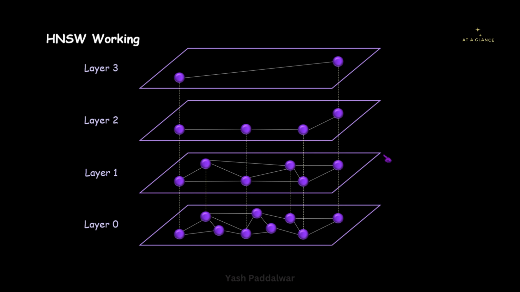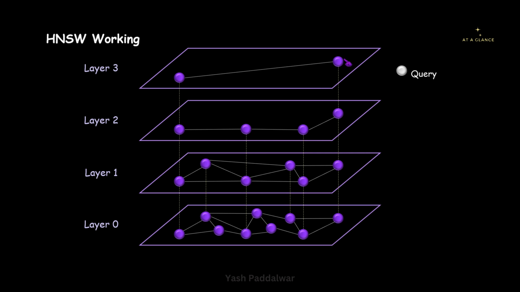Now let's initiate the search operation. Let's search for the closest document for the query vector. Let's say we have this particular query vector. Now as stated in the skip linked list, the search operation will always start at the highest level. So in layer 3, we'll first initialize one of the nodes as the current node.